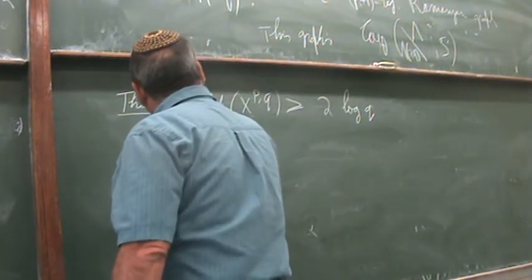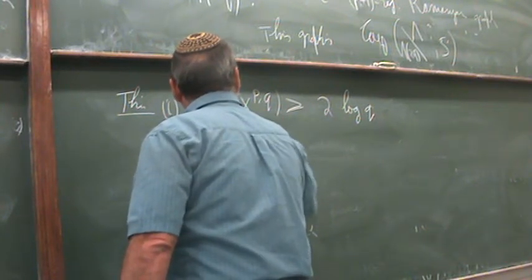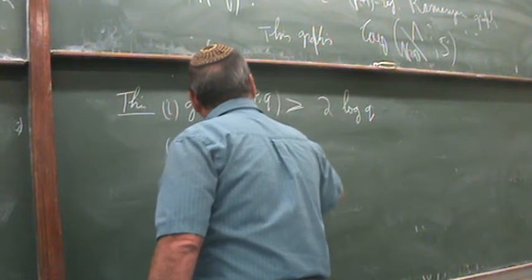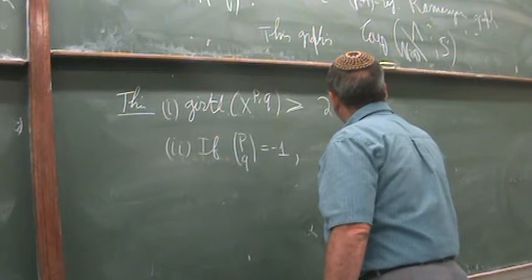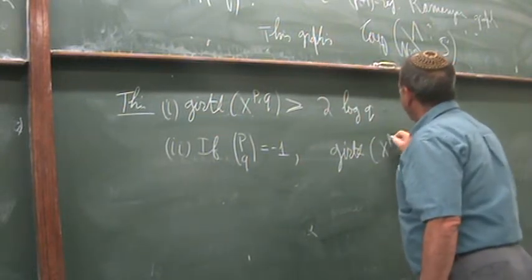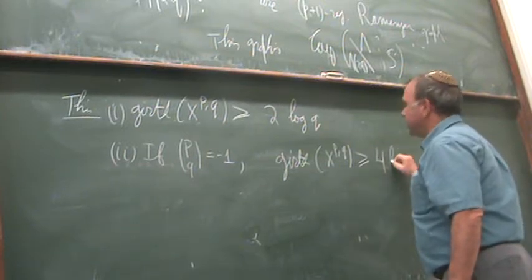In fact, we have an even better result: if P over Q is minus 1, the bipartite case, then the girth of XPQ is more than 4 times log Q.